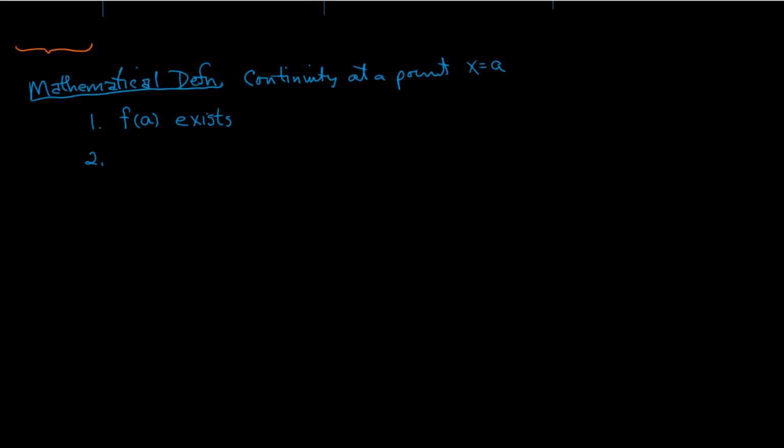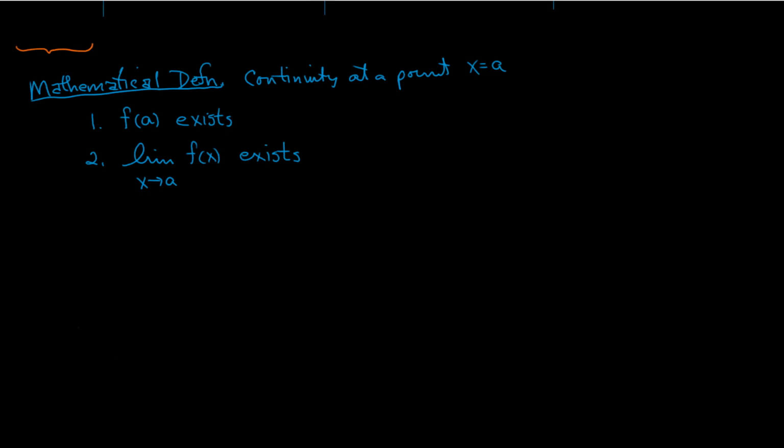The second thing is that the limit of the function as x approaches a also exists. Now, what the first requirement does is it says when you get there, that location has to exist. The second component in this definition, the limit, is talking about as you get closer and closer, it looks like we're headed to the same point that we're talking about in the first of these 3 criteria.